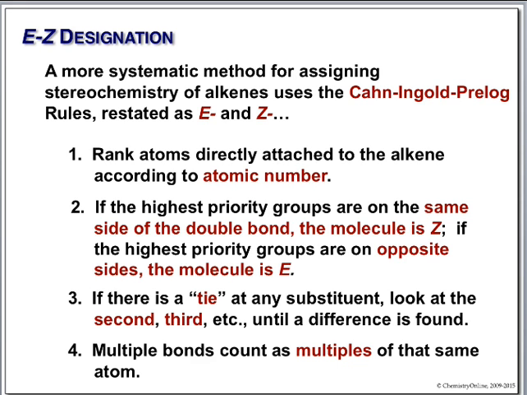And just like before, multiple bonds count as multiples. So this is just our RS rules applied to E and Z. Z stands for zusammen, German for same side. E is entgegen, which is opposite.